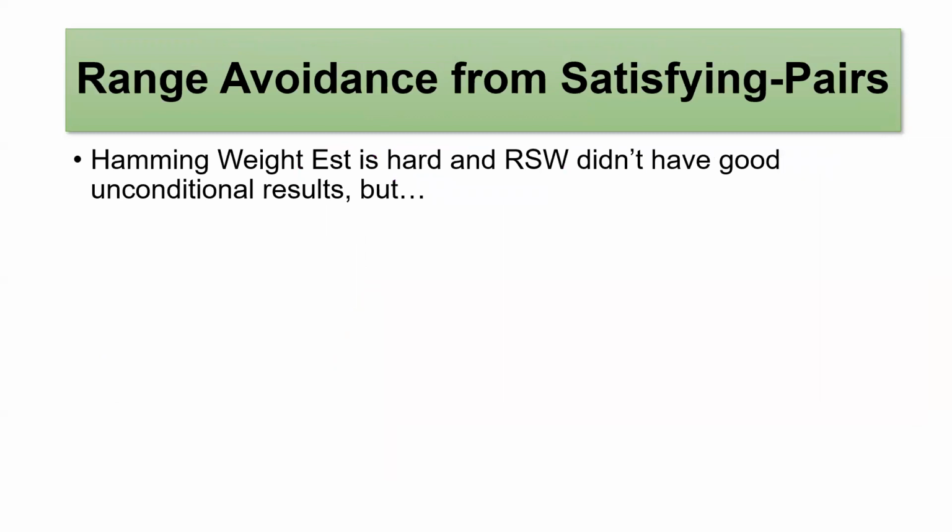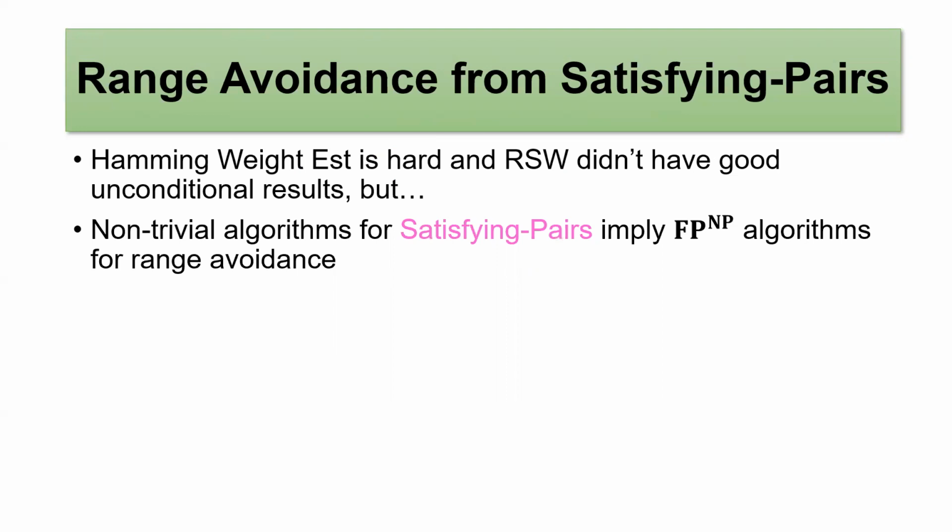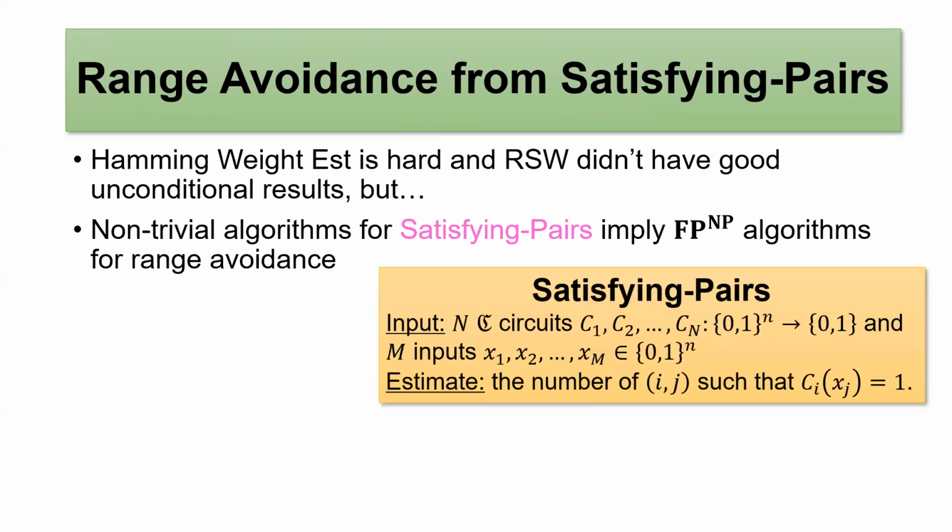Unfortunately, Hamming weight estimation is a difficult problem, and RSW didn't have good unconditional results. But in our work, we showed that if we have non-trivial algorithms for another problem called satisfying pairs, we will have FP to the NP algorithms for range avoidance. The input to the satisfying pairs algorithm consists of n circuits C1 to Cn and m inputs x1 to xm.